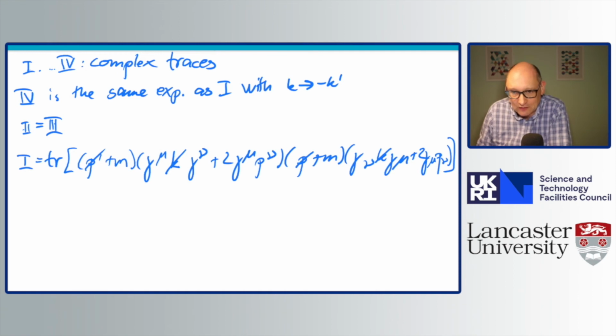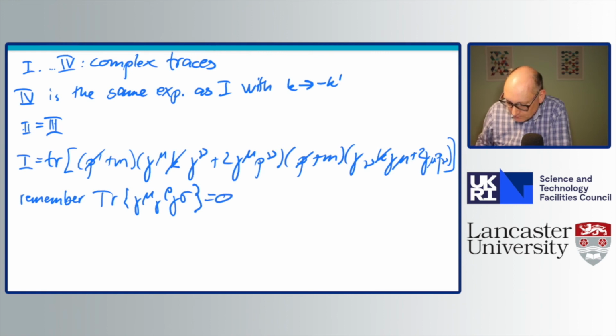Luckily, we don't have to calculate all of them, because half of them have an odd number of gamma matrices. Remember that the trace of gamma mu, gamma rho, gamma sigma, for example, is 0.